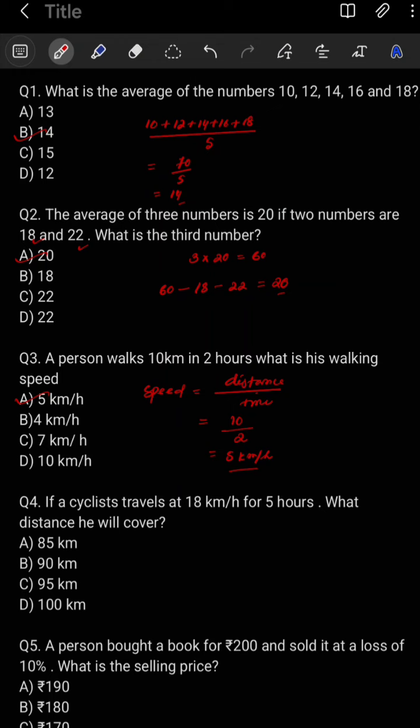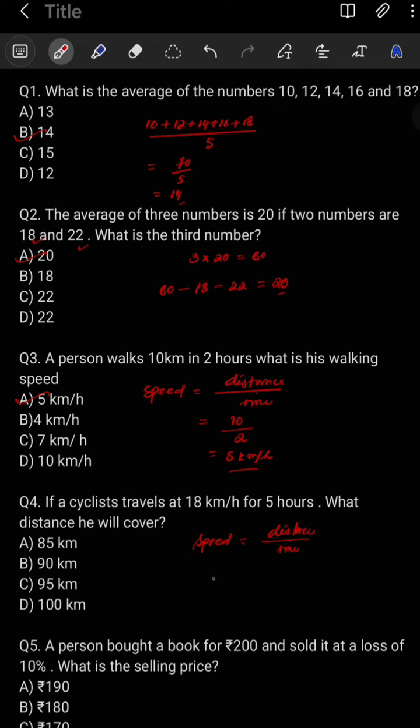Similar question number 4: if a cyclist travels at 18 kilometer per hour for 5 hours, what is the distance he covered? Again the same formula, speed is equal to distance by time.